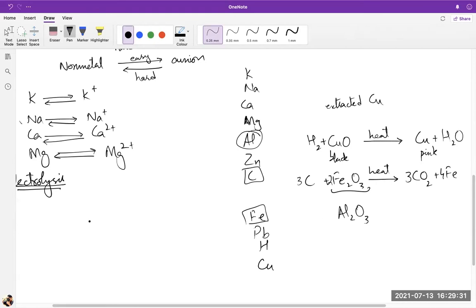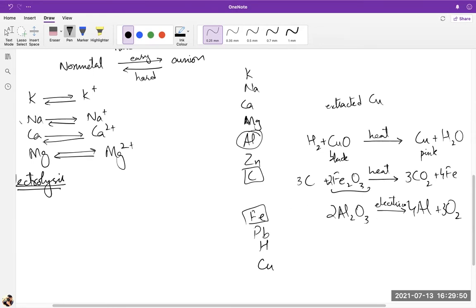So what do I do? I supply a lot of electricity to it, and that electricity converts this aluminium ion to aluminium, it discharges it, and oxide ion to oxygen, and it discharges that. This way, I'm able to get aluminium and oxygen separated using electricity.